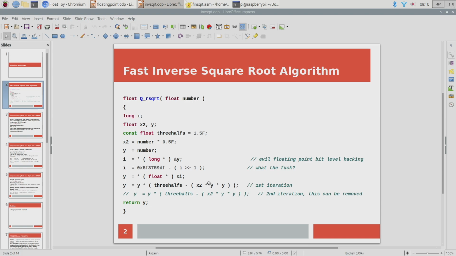Is there any division there? No, there's some multiplication, but no division. And that's good because what's faster in floating point hardware, multiplication or division? Multiplication is much faster, especially back in the 90s.